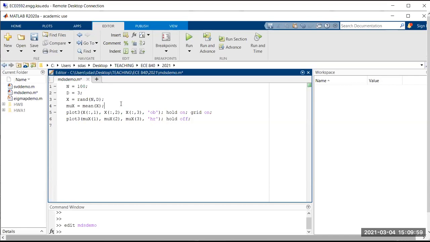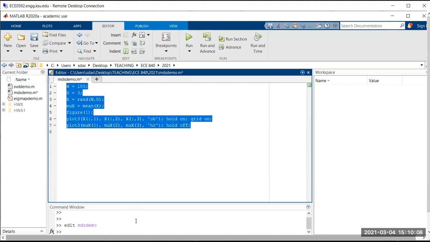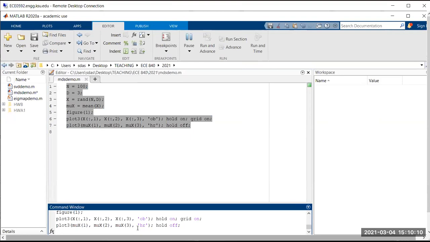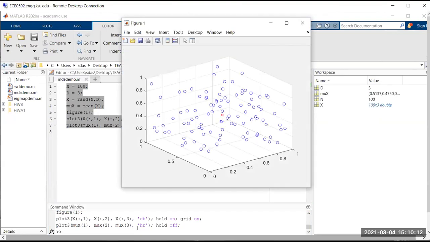I'll call this figure 1. Let's run this. So I have my sample points. I have 100 sample points. Each sample point is three-dimensional, and this is the center. You can read off what the coordinates of the mean are: 0.5, 0.475, 0.49, whatever.